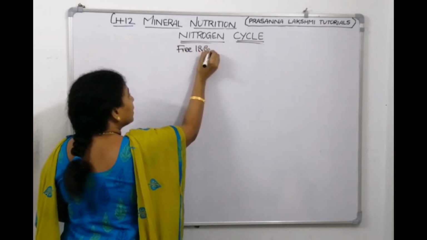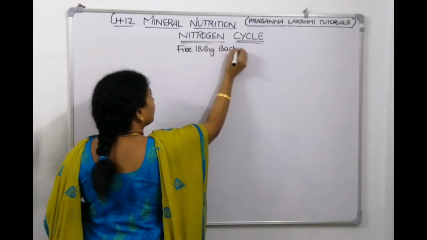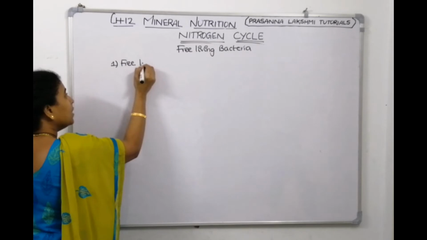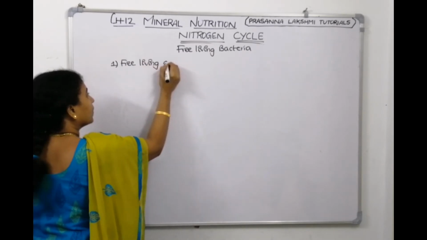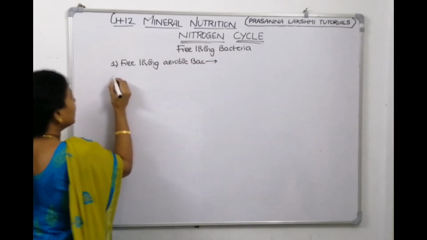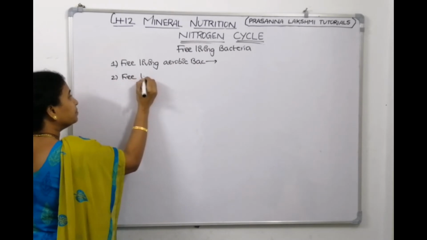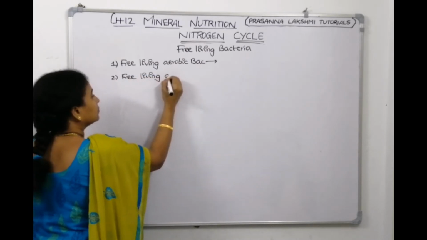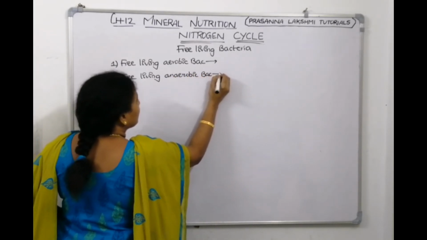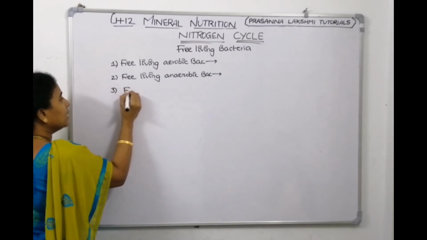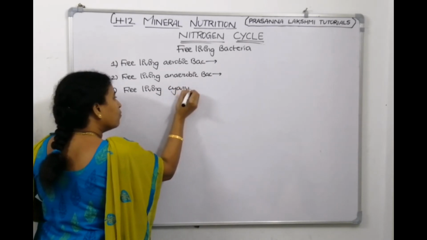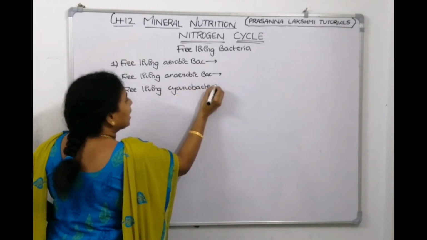First, we list free living bacteria. Under that, the first category is free living aerobic bacteria. The second category is free living anaerobic bacteria. The third category is free living cyanobacteria, blue-green algae.